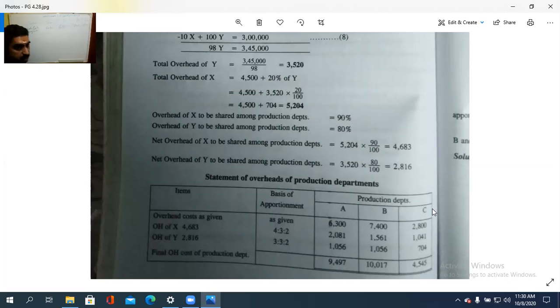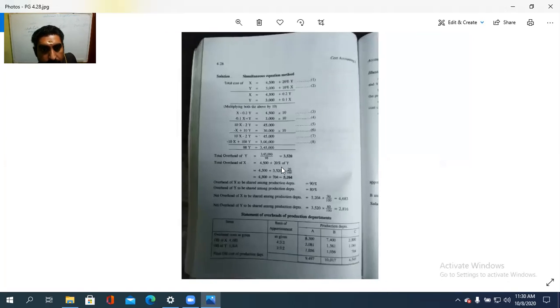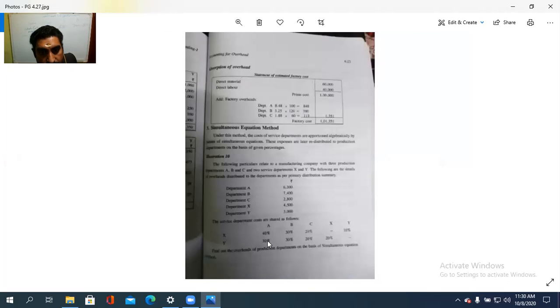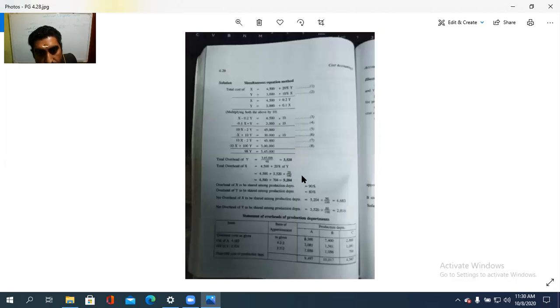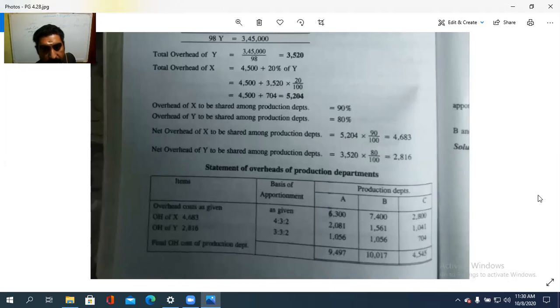Overhead cost of x, 4683, we have to share, on what basis? See, 4:3:2 and y is 3:3:2.